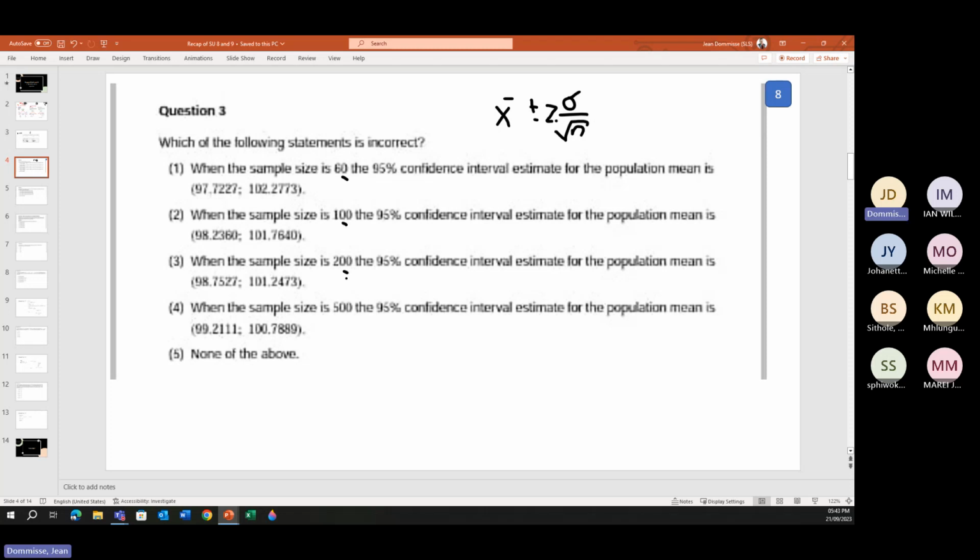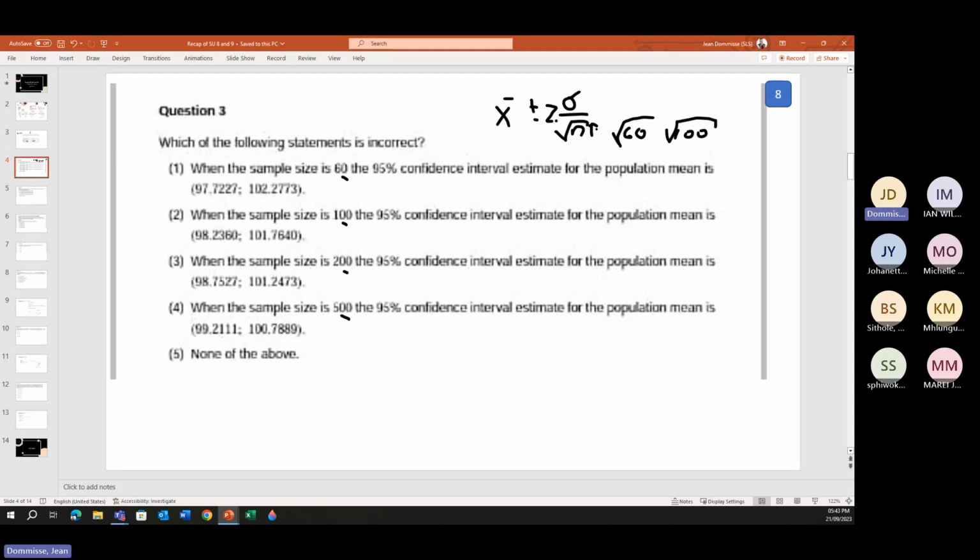So basically, if we keep everything else as a given, and we move from, let's say, 60 to 100, that will mean that the bottom component will become bigger.